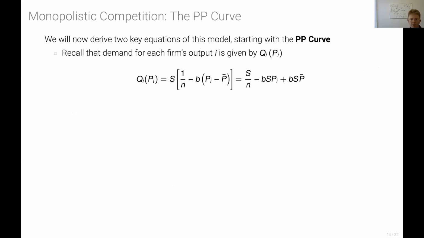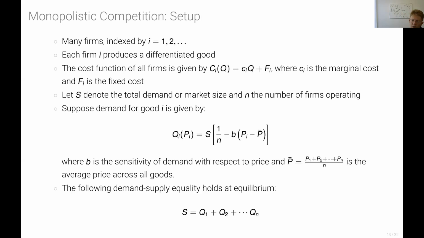Now let's derive two key equations of this model, starting with the PP curve. Recall that the demand for each firm's output is given by Q_i(P_i). We're just copying this expression from the first slide.